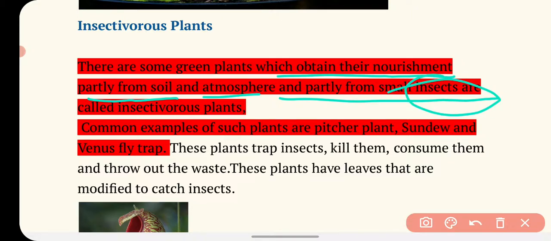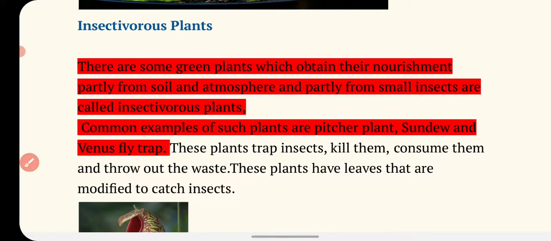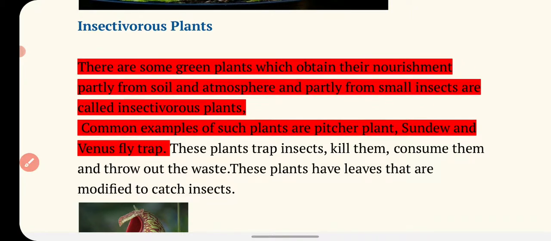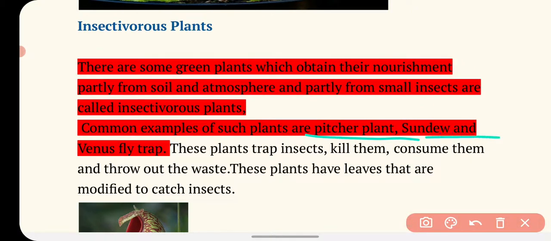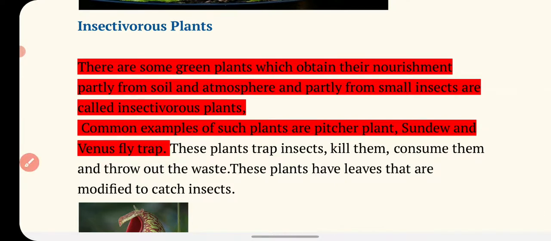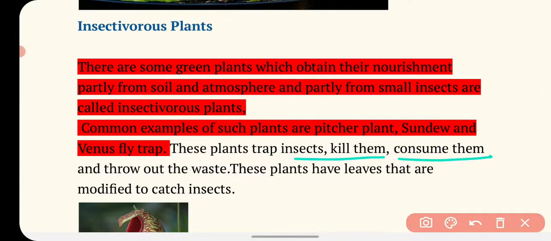They trap the insects and get their nutrients from the body of the insects, and the rest of the nutrients they get from the soil and the atmosphere. Common examples of such plants are pitcher plants, sundew, and Venus flytrap. These plants trap the insects, kill them, consume them and throw out the waste.